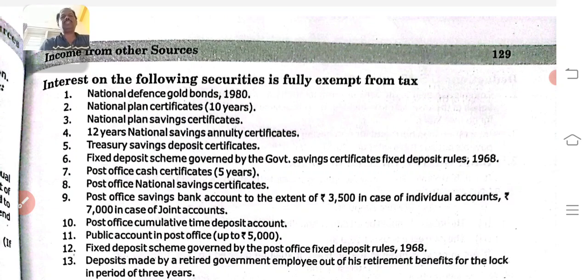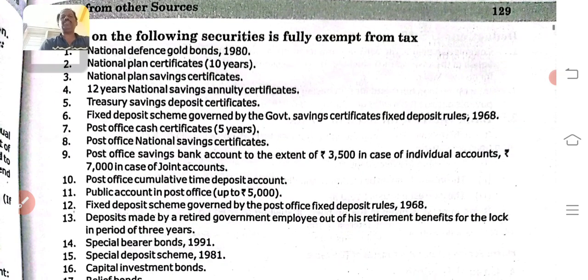National Defence Gold Bonds 1980, National Plan Certificates 10 years, National Plan Savings Certificates 12 years, National Savings Annuity Certificates, Treasury Savings Deposit Certificates, Fixed Deposit Schemes governed by the Government Savings Certificates Fixed Deposits Rules 1968, Post Office Cash Certificates 5 years, Post Office National Savings Certificate, Post Office Savings Bank account to the extent of rupees 3,500 in case of individuals, rupees 7,000 in case of joint accounts.